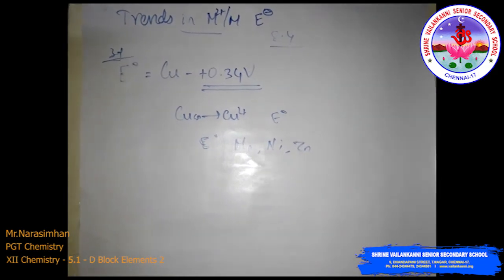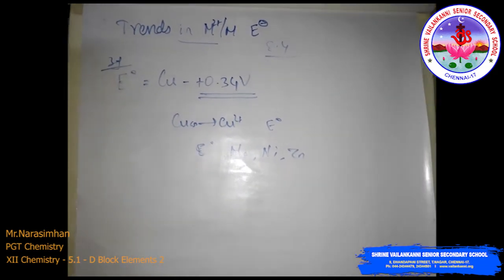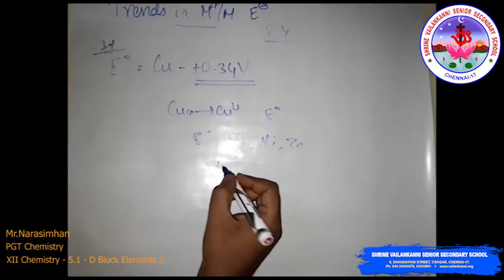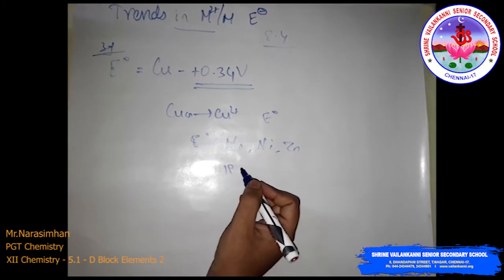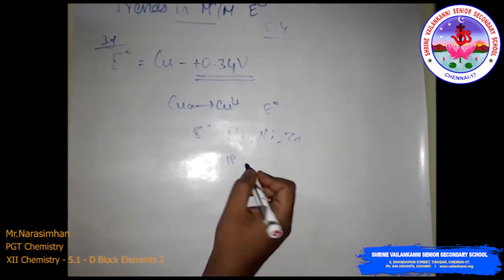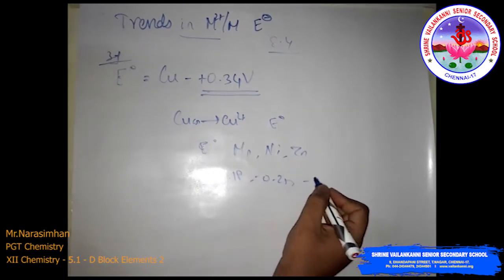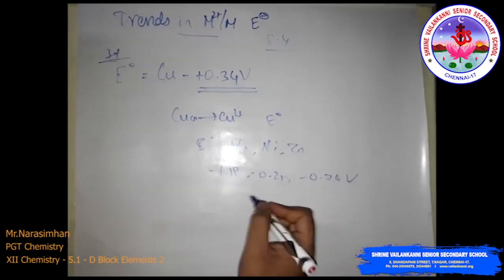The given values are minus 1.18 V for manganese, minus 0.25 V for nickel and minus 0.76 V for zinc respectively.